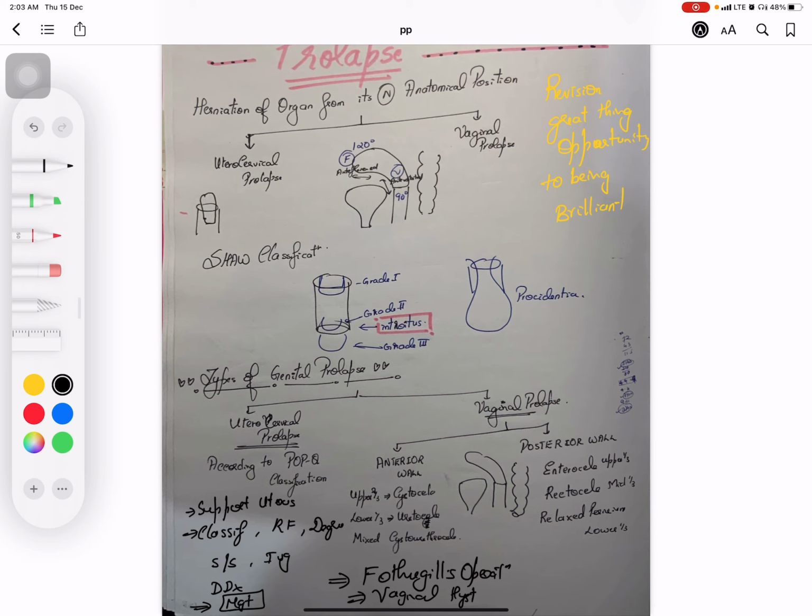We're going to talk about decubitus ulcer. There's going to be a note on pessary, a note on walled prolapse, and two other things: a pessary test and a retroversion of uterus. Okay, so these are things we're going to talk about.